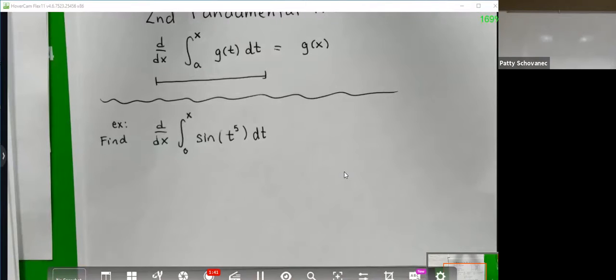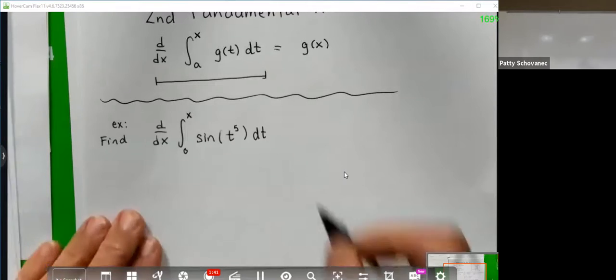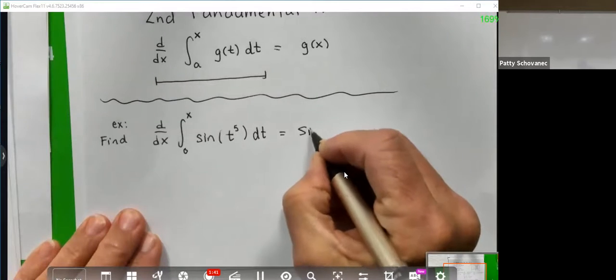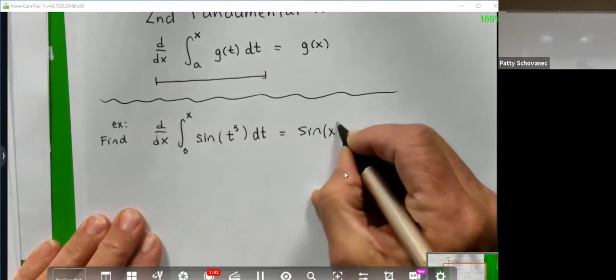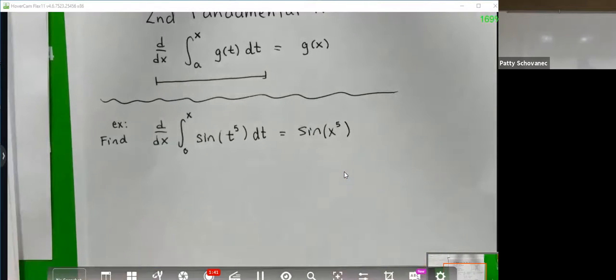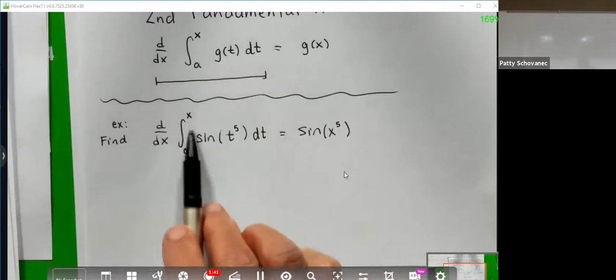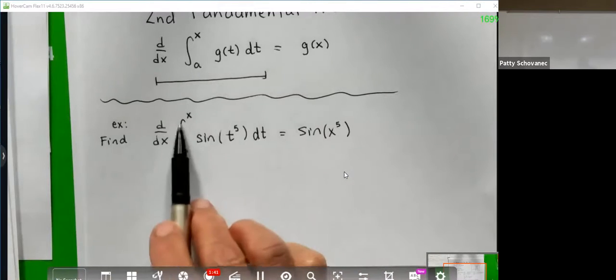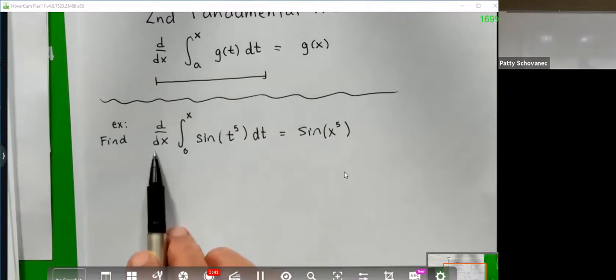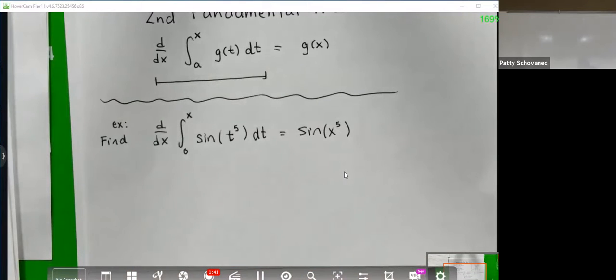What is it? It's just the sine of x to the fifth. I don't worry about that being a t to the fifth. I just get whatever the antiderivative is, evaluate it, and then take the derivative, gives you the function back.